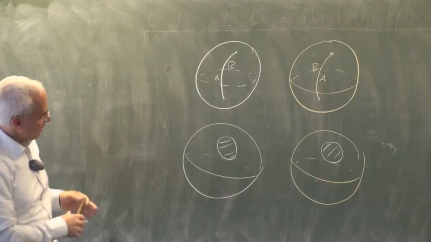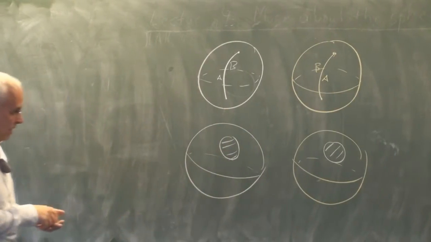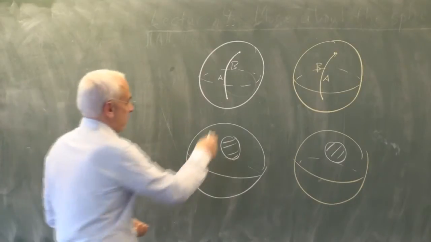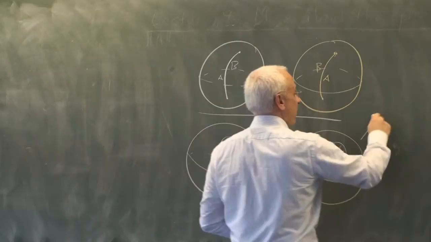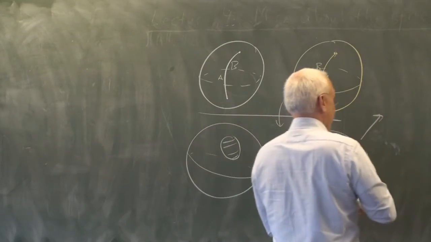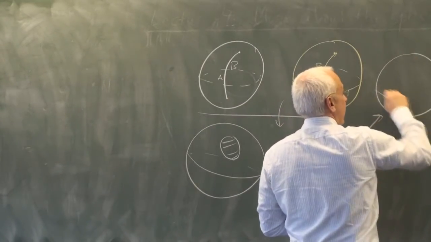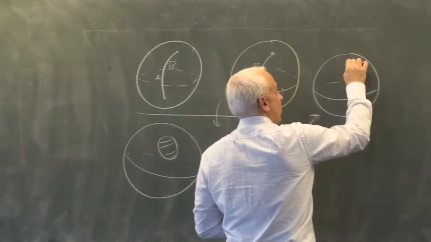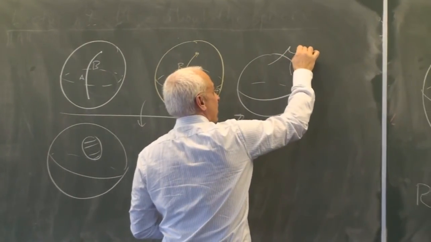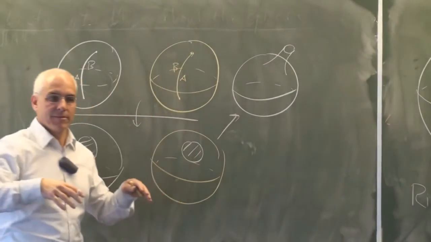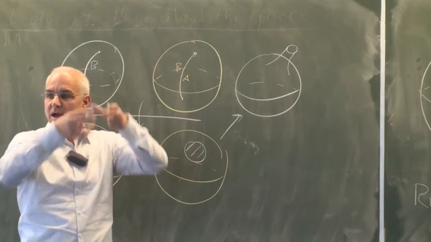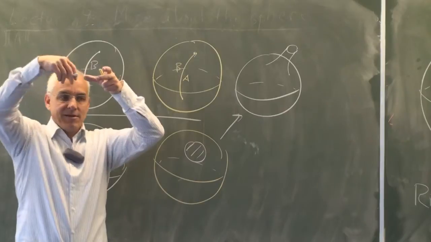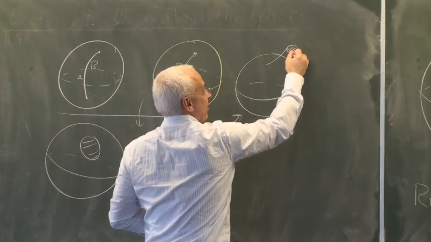Okay, now I still have to sort of glue these things together. And so I've gone from here to here. And now let me go up here. So now what I'm going to do is take this sphere here that I had, and I'm going to enlarge this hole so that it's actually coming out. So it's like a little volcano. Okay, I'm pushing it out from the outside so you can actually see it on the outside.